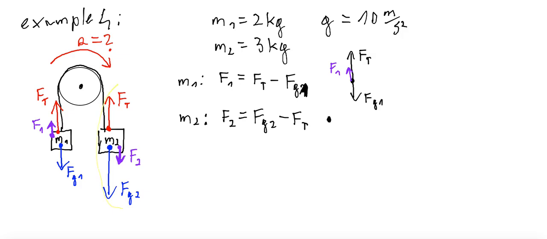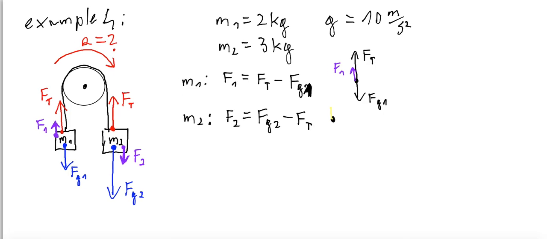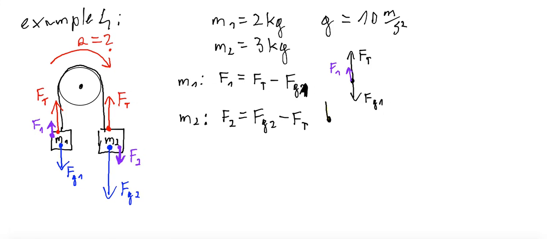I'm talking about this part of the exercise. So tension is acting up. Gravitational force, which is longer than tension, acts down. So overall force F2 is directed down. So this is why this equation. Is it clear?